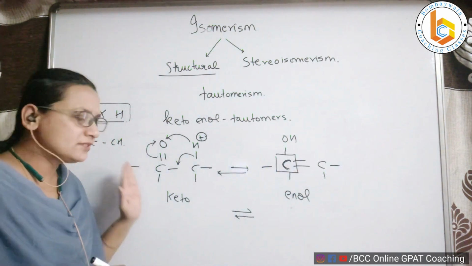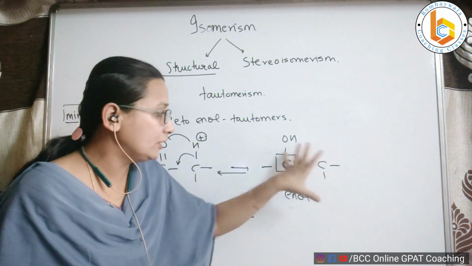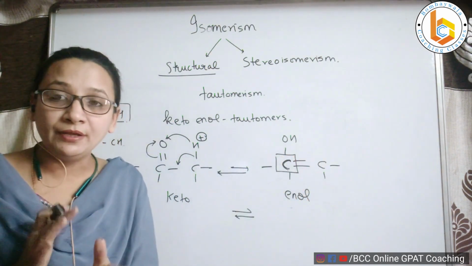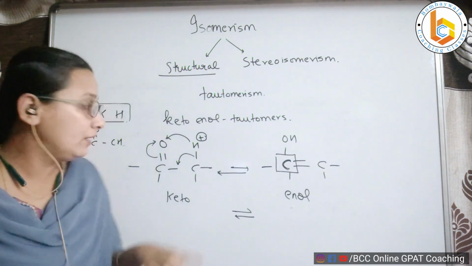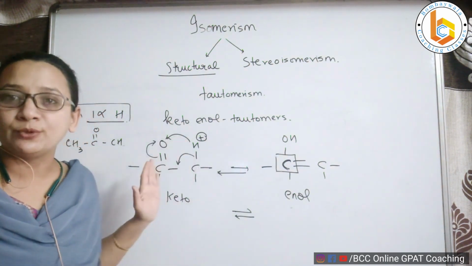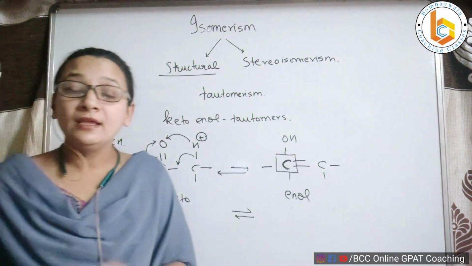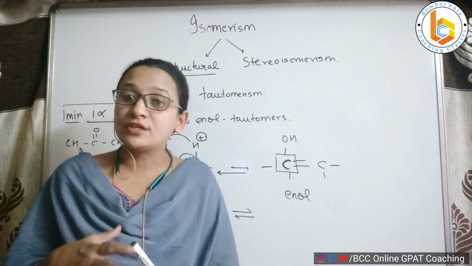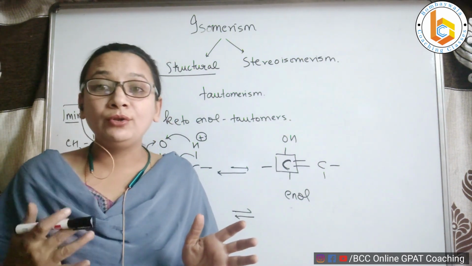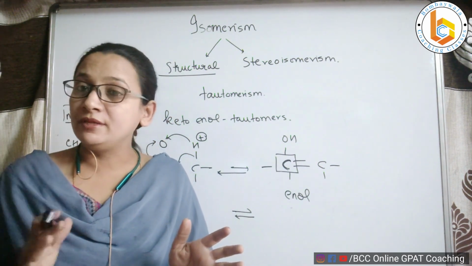The keto will lesser times become enol because enol is slightly less stable. जैसे किसी रिएक्शन वेसल में इनॉल बना, वैसे it will undergo this type of tautomerism or rearrangement to give you keto. And these are referred to as the last type of structural isomer, wherein the structure is different, but the molecular weight, molecular formula remains the same.